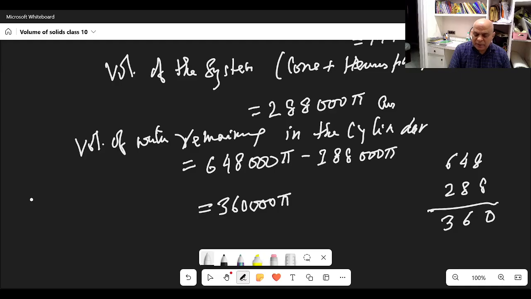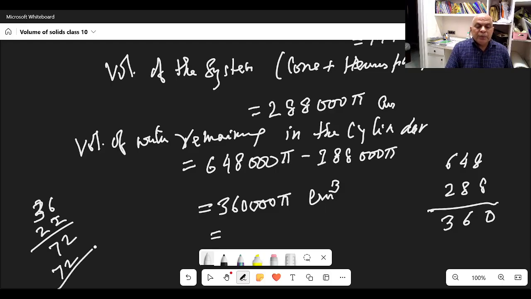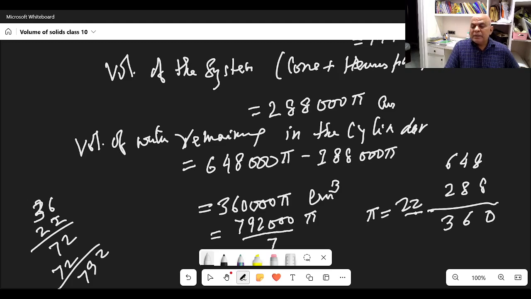Taking pi as 22 by 7, the answer is in centimeter cube. I was writing cubic unit, but here centimeter was the dimension, so centimeter cube. Now you can do one more thing: 36 multiplied by 22 is 792. So this will become 792,000 pi divided by 7. I have taken the value of pi as approximately 22 by 7.